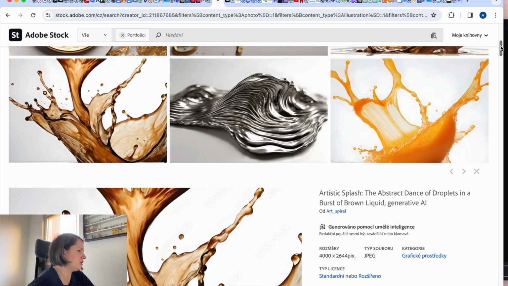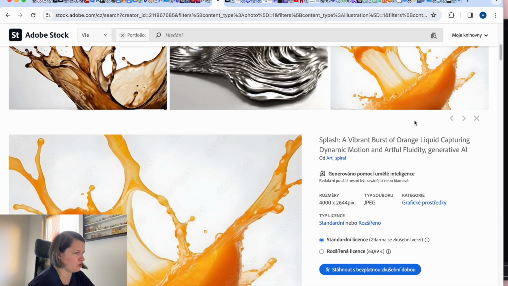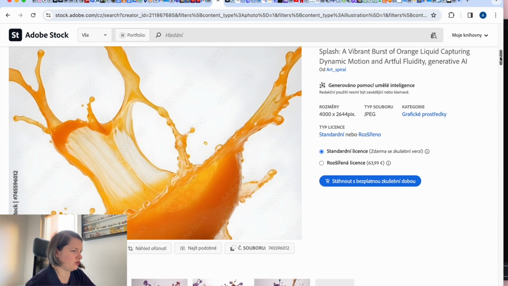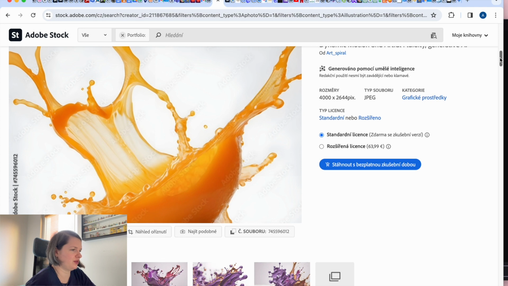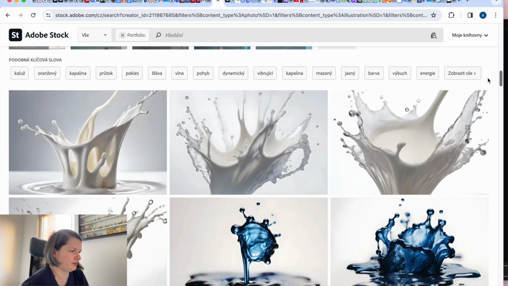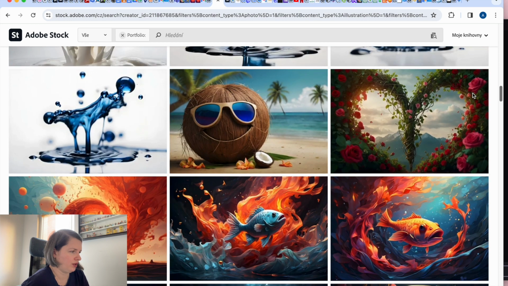But the brown liquid just looks a bit strange. This looks like juice, and I can tell right away, and I guess it's not bad, but again, maybe it's good to give it a glass and have it splashing from a glass.